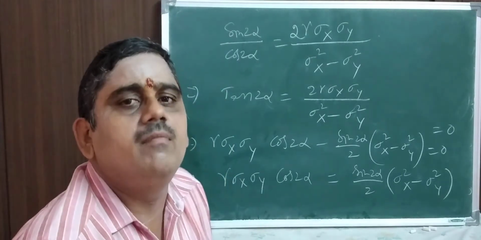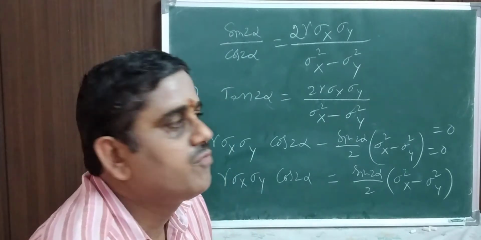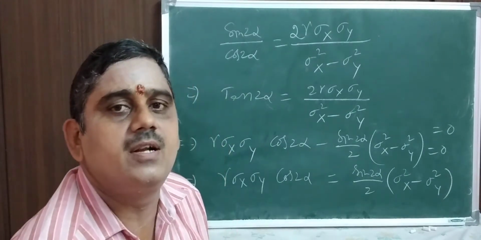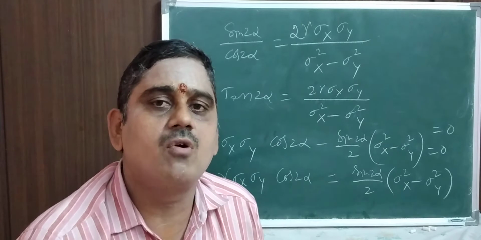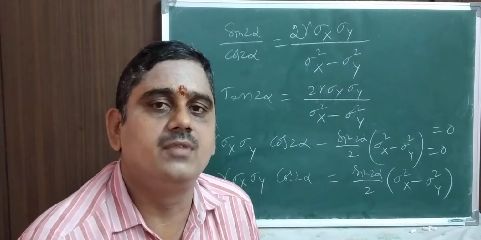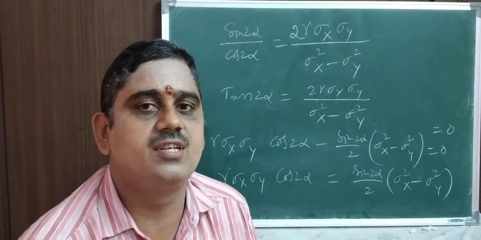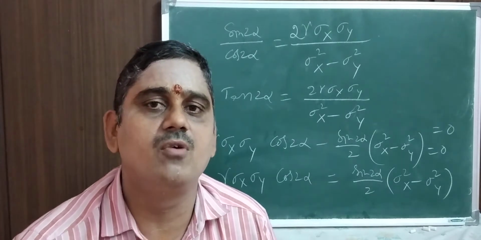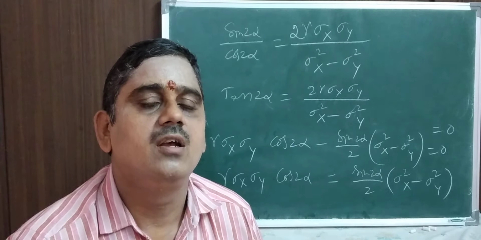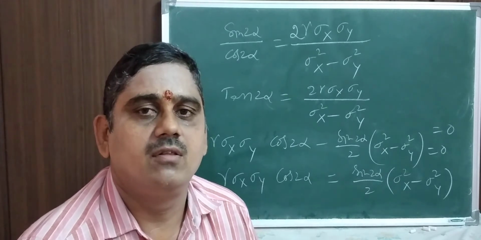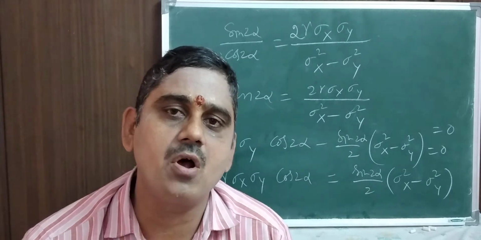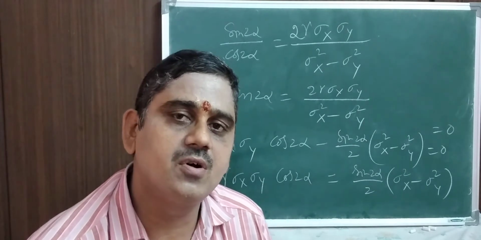Likewise, we did many results, and every result depends on: if u and v are uncorrelated, prove something. So this is the fashion we have to follow. It's very simple. If u and v are uncorrelated, then you consider r of uv as 0 and covariance of uv as 0.